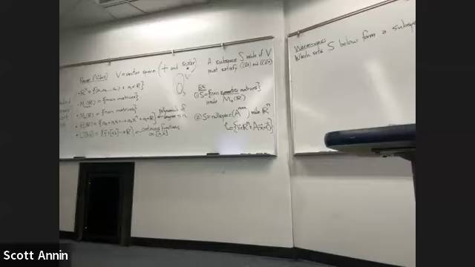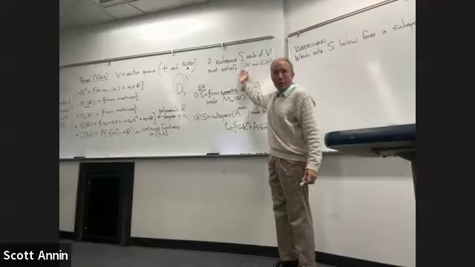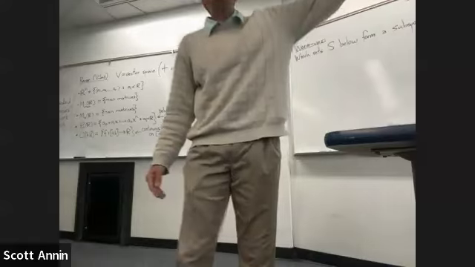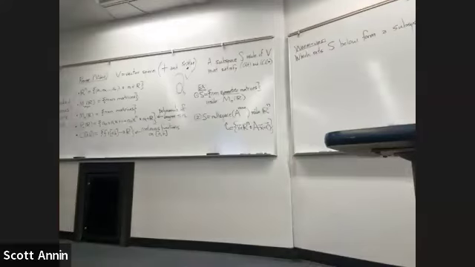There's only 2 others that we have to actually worry about, which are the closure under addition and the closure under scalar multiplication, which are the first 2 axioms on this handout. By the way, this is the same handout I gave you guys last week. It's also in Canvas. And the first 2 rules are the closure under addition and the closure under scalar multiplication.